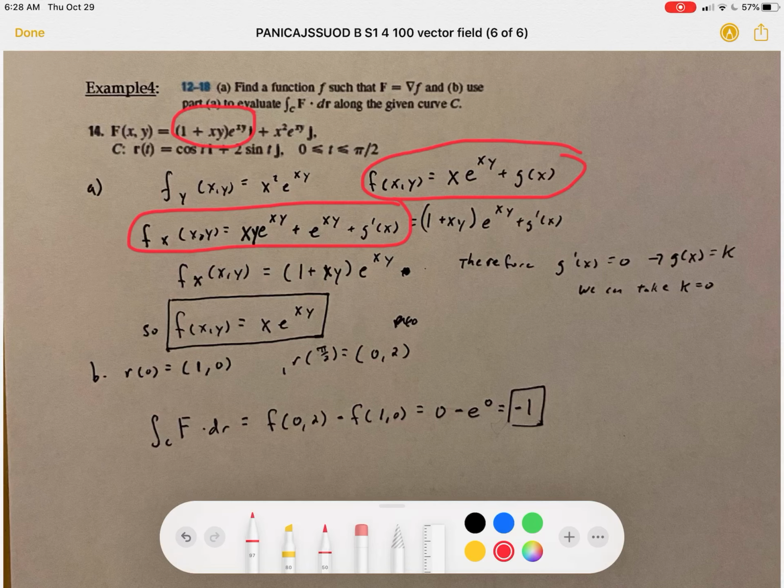I can cancel out what I can cancel out. What I notice here is that if I distribute the e to the xy, that's going to cancel out with that 1, and it's going to cancel out that e to the xy because of the distribution. So g prime of x is equal to g prime of x. Oh, okay, well then g prime of x is equal to 0.